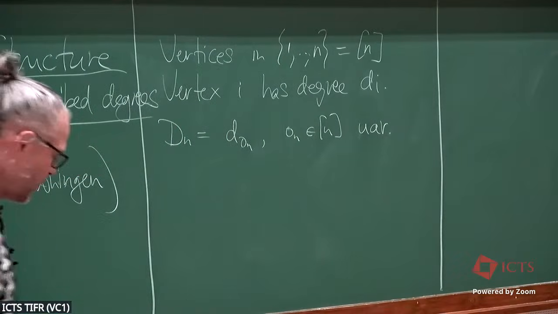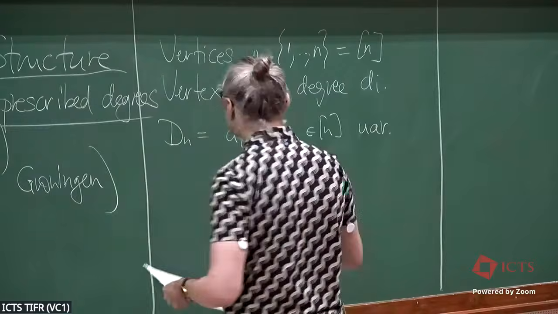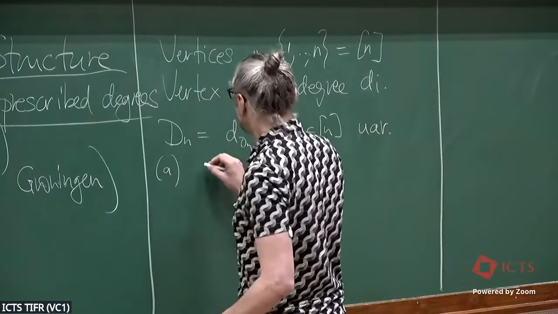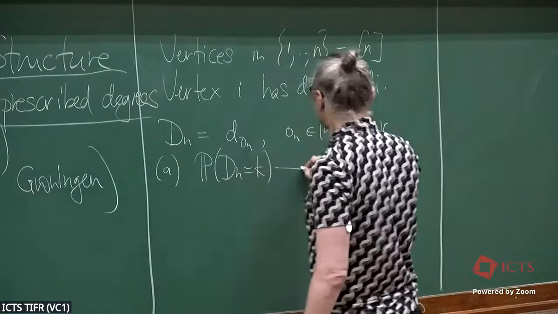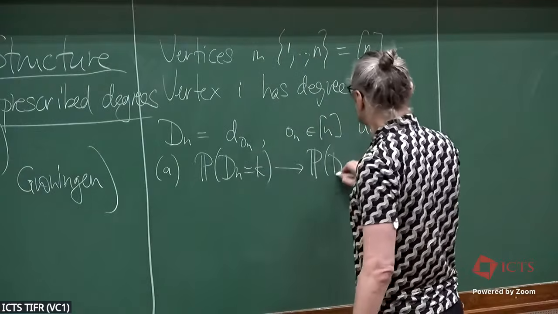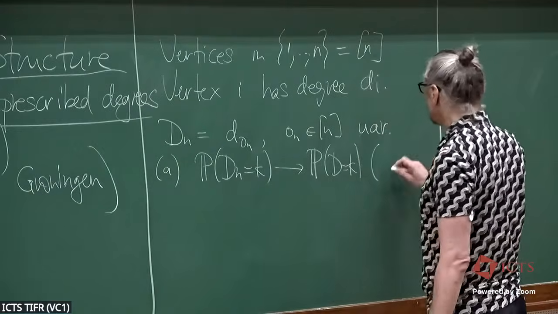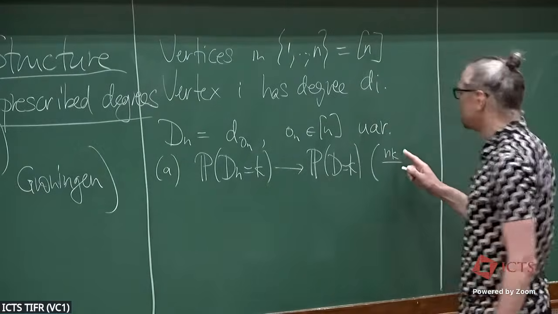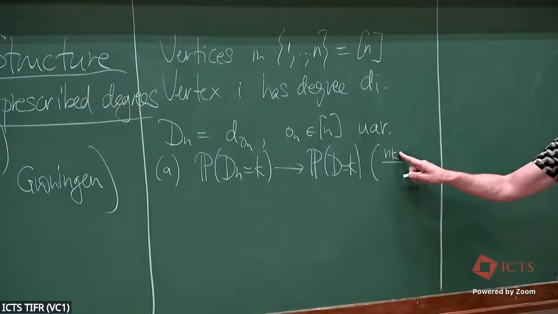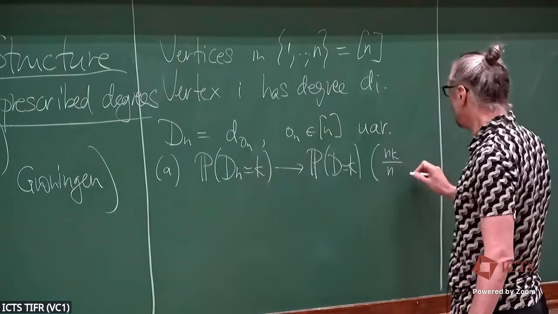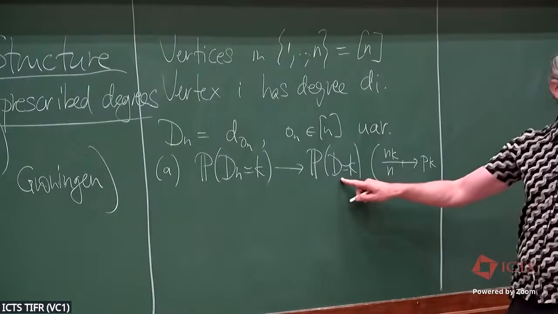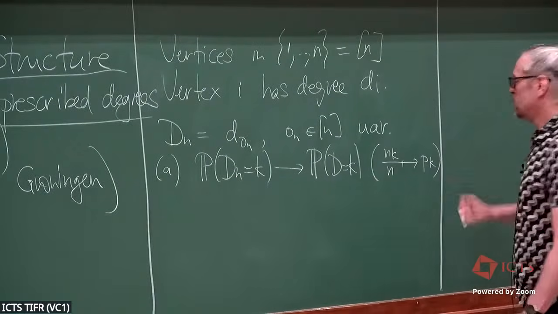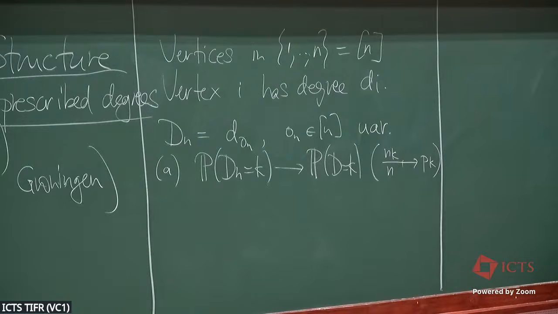I will assume that the probability that D_n is equal to k converges to some limiting probability p_k. That's the same as saying that the number of vertices of degree k, divided by n, converges to p_k.